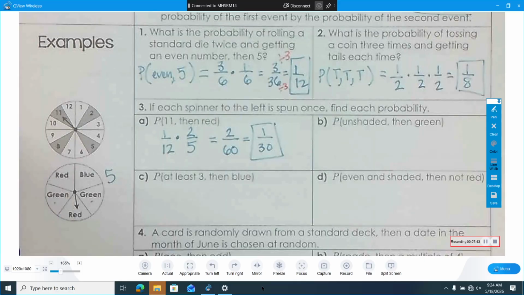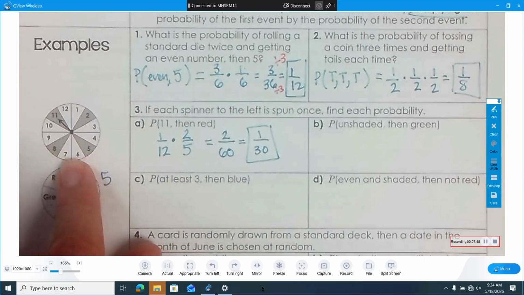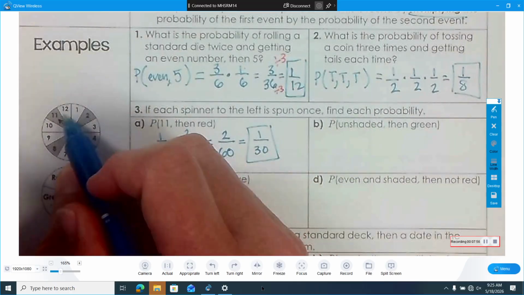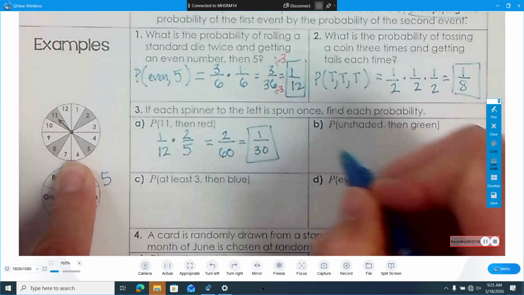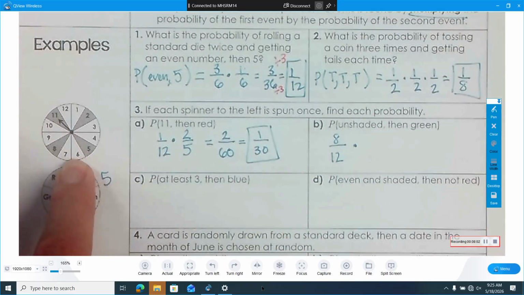All right. Number B. What's the probability we land in an unshaded zone? 8. There are 1, 2, 3, 4, 5, 6, 7, 8 unshaded zones out of 12 possibilities.